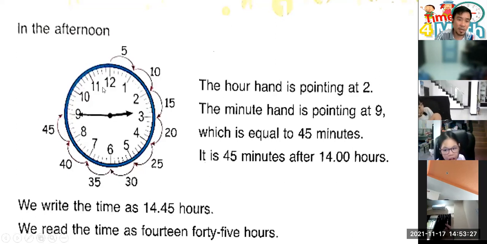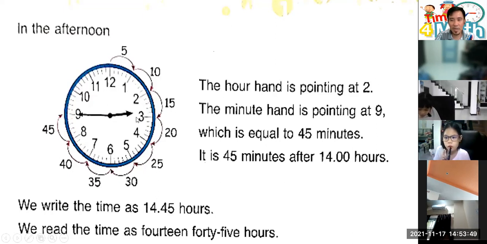So 1000 hours, this one is in the morning. 1100 hours in the morning, and then 1200 hours in the afternoon, 1300 hours in the afternoon, 1400 hours in the afternoon. What if it's pointing to number 3? How do you read it? 1500 hours.